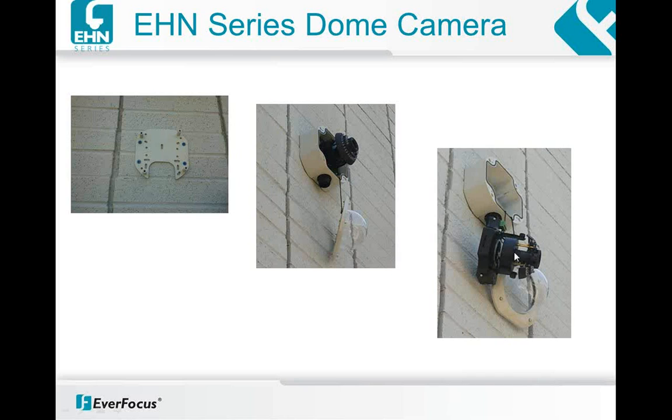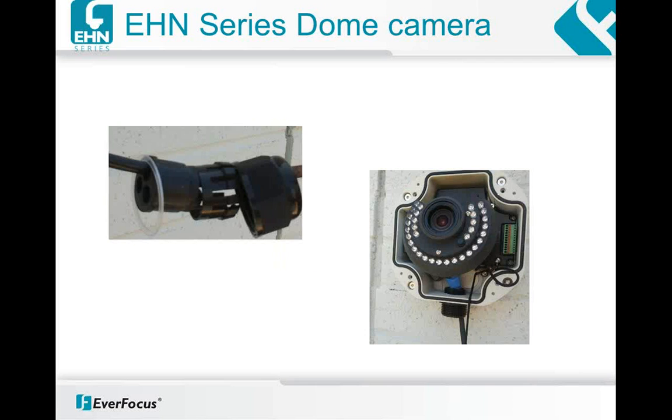And then the third piece is the camera itself. So the camera has 2 screws that you lock into place inside of the dome. And then finally you would mount the shell or the outer dome cover on the top of that.